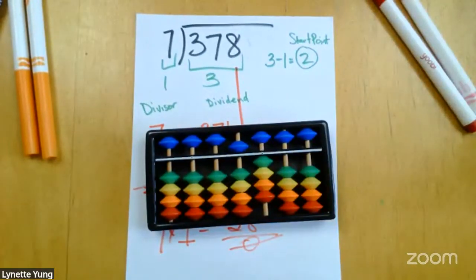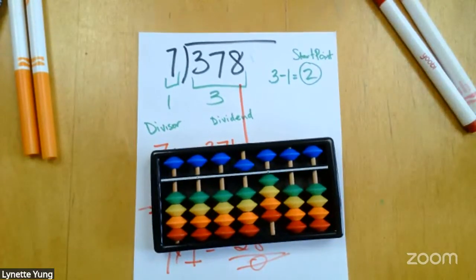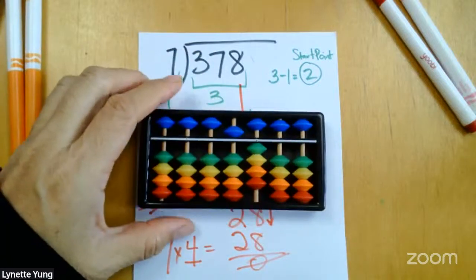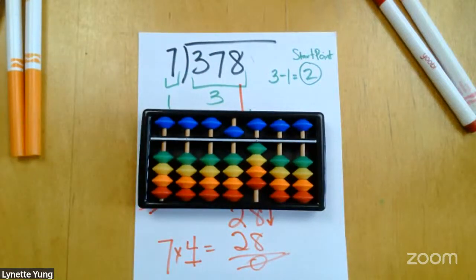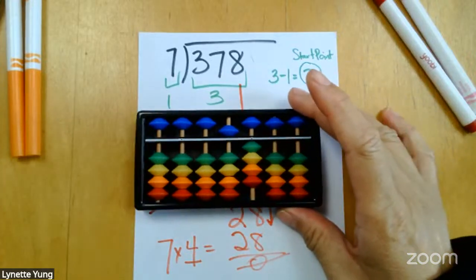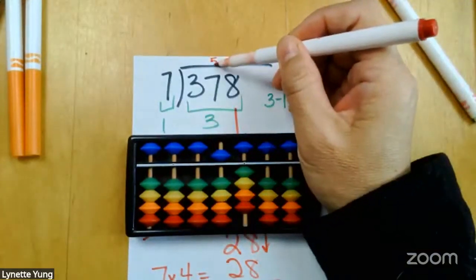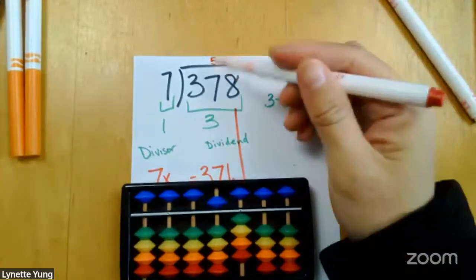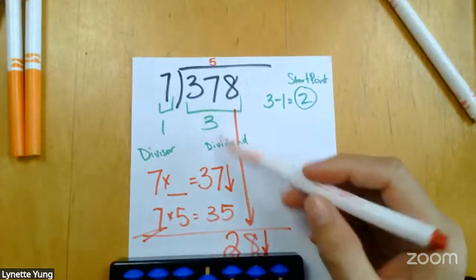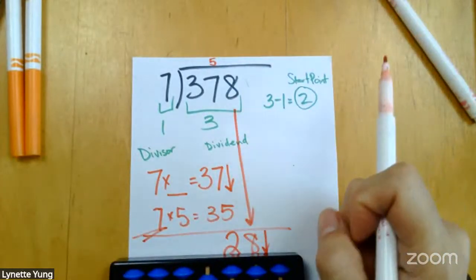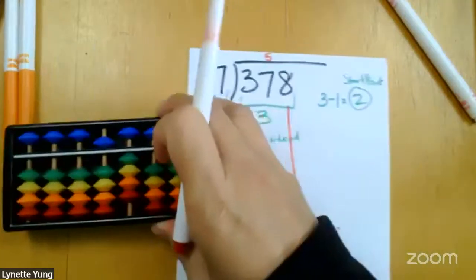That's why Tammy wants to do it on the abacus, because it's simple and neat and tidy. Generally that is exactly what we do on paper. We go 7 times, and we put the 5 above the 7 right away, and then you go 35, and then you subtract, and you put the next one up before you've subtracted.